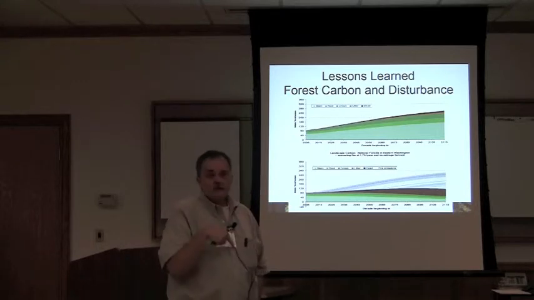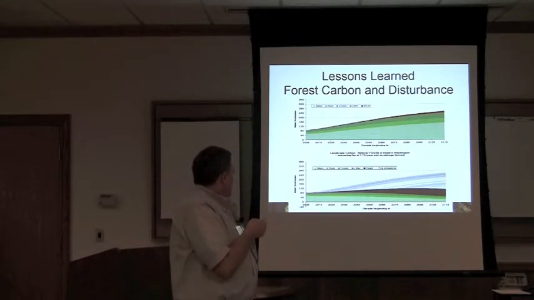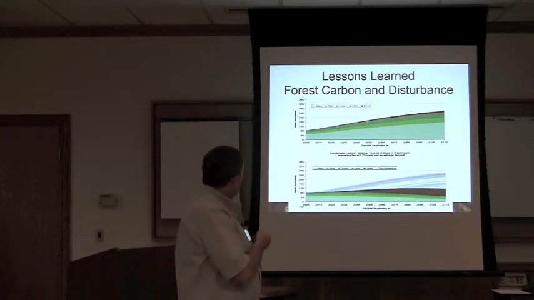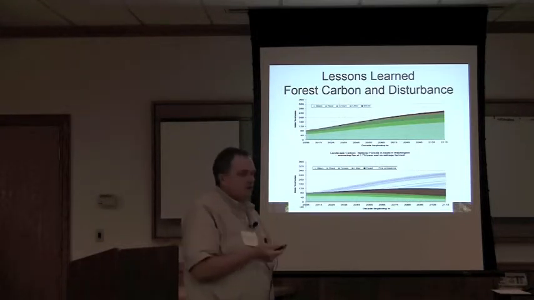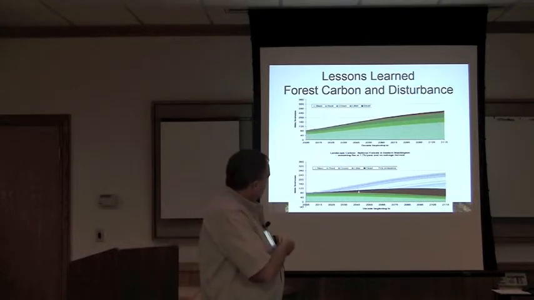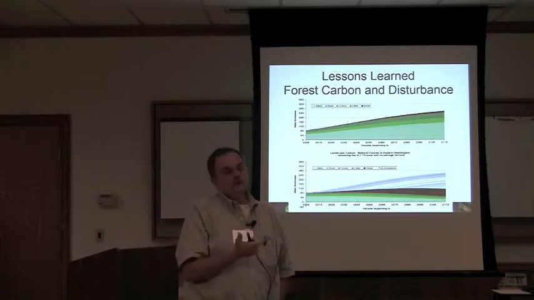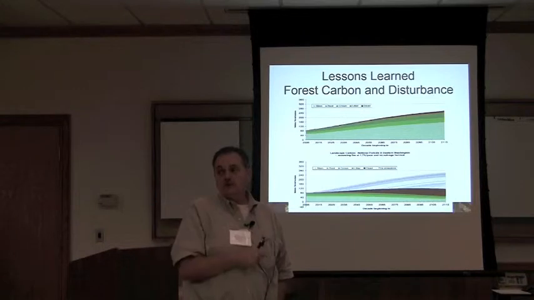And there have been some analyses in the past that didn't realize that. Disturbance is important. This is simulated carbon yield in the future in western forests. The bottom graph is with wildfire. If we don't deal with wildfire issues in the West, nature may release the carbon for us.